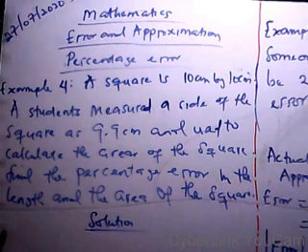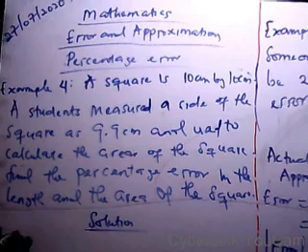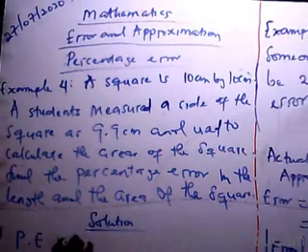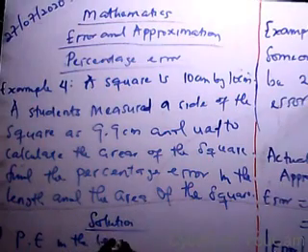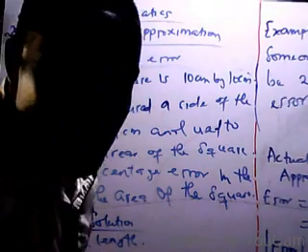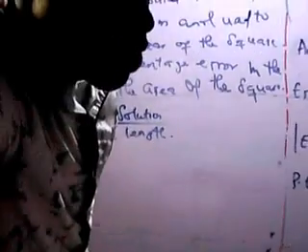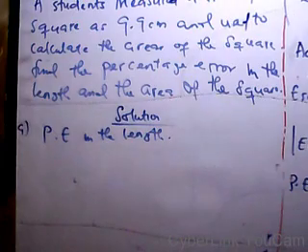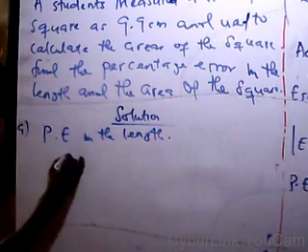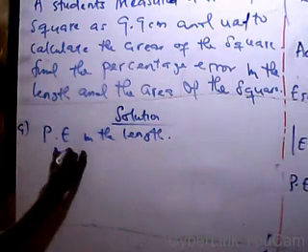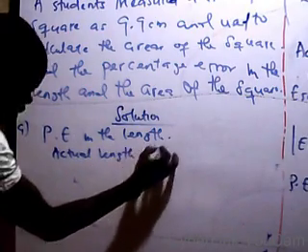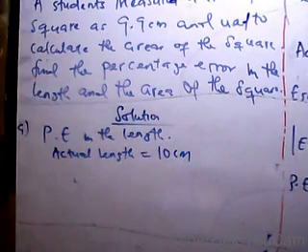A, percentage error in the length. We want to find the percentage error in the length. That's the first thing. So what was the actual length? The actual length is 10 centimeter.